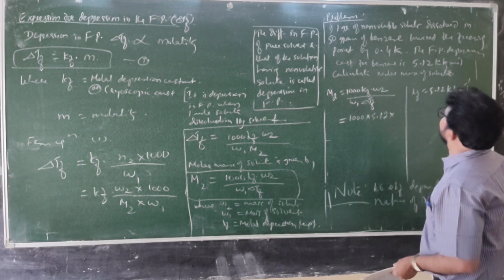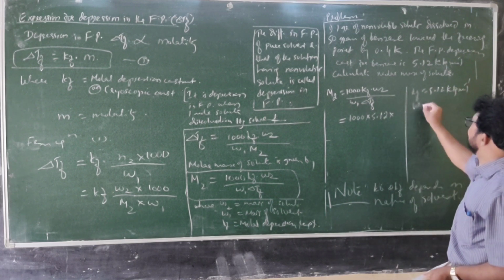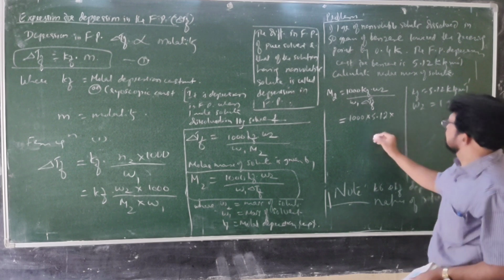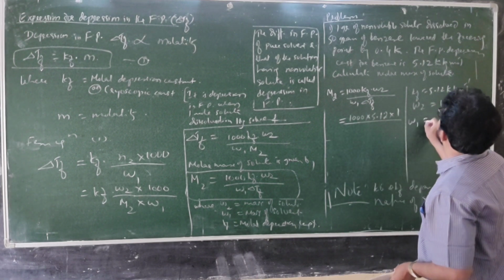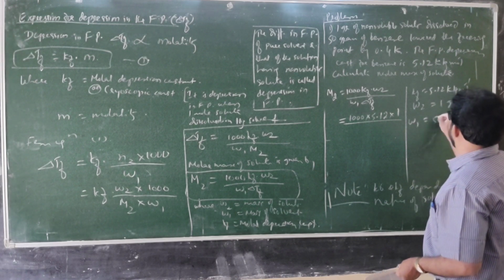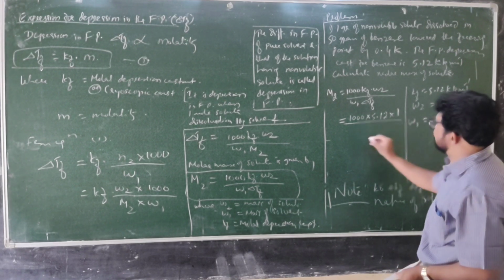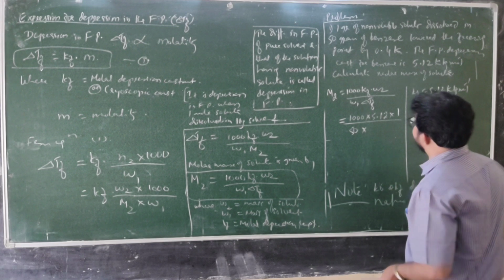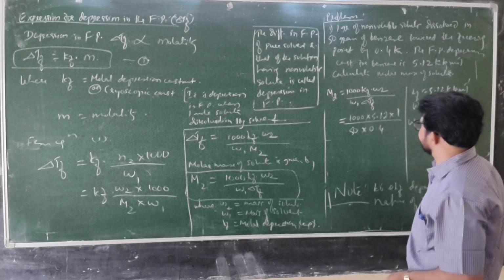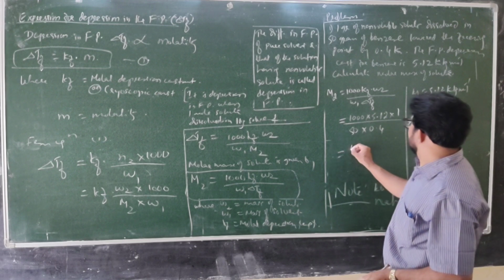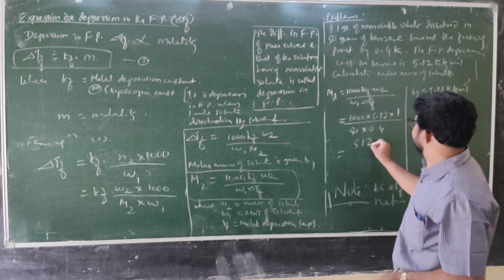What is W2? W2 is 1 gram. What is W1? How many gram? 50 gram of benzene. 50 into 0.4.